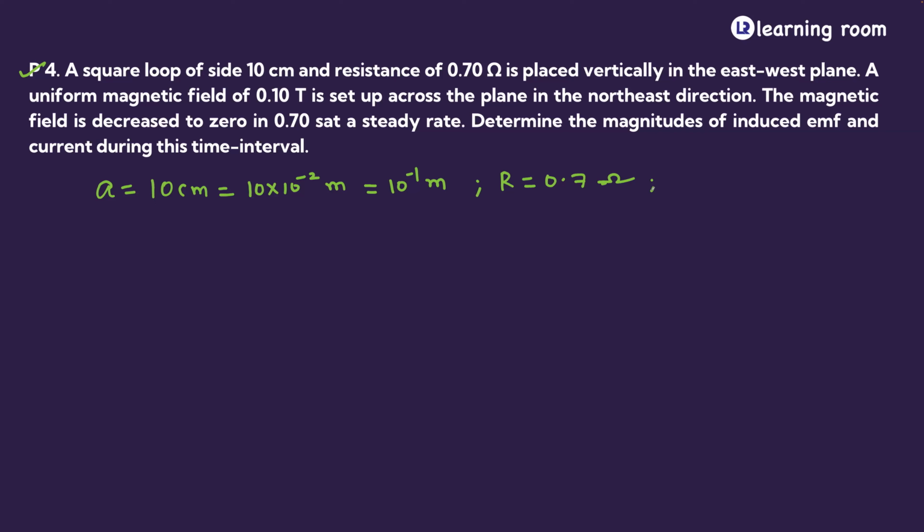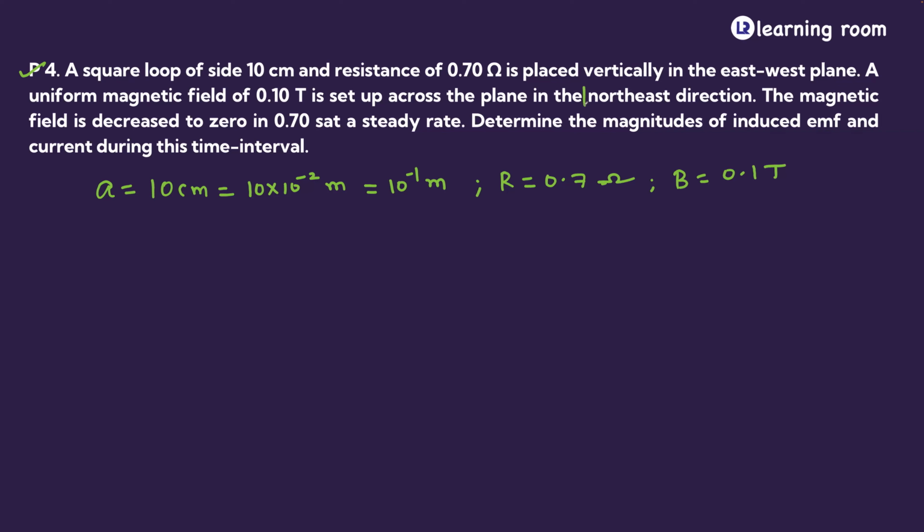Is placed vertically in the east-west plane. A uniform magnetic field of B is equal to 0.1 Tesla is set up across the plane in the northeast direction.